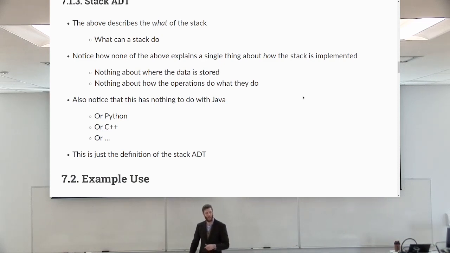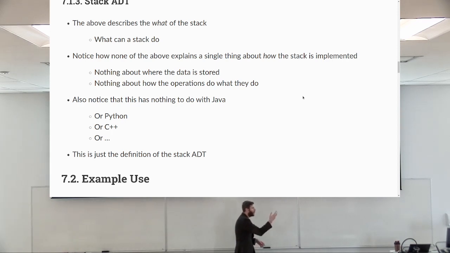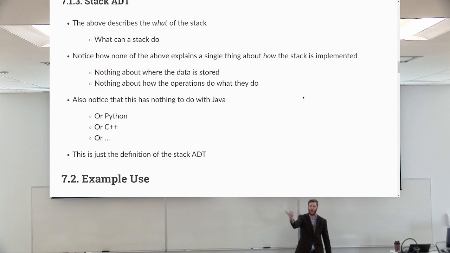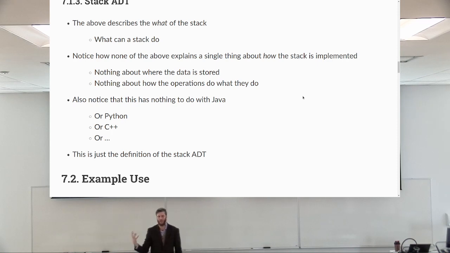That is the what. At no point have we covered how we implement this thing. It's just the what we can do with it. Further, this push, pop, and peek had nothing to do with Java, had nothing to do with Python, has nothing to do with C# or C or C++. It has nothing to do with a programming language either. It's just this abstract idea.